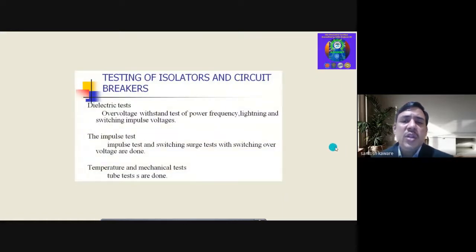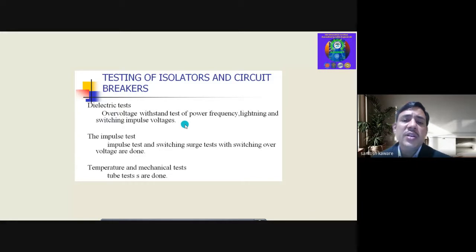Especially for the isolators and circuit breakers, there are some dielectric tests. In the dielectric test, we check the insulation of these breakers and isolators also.